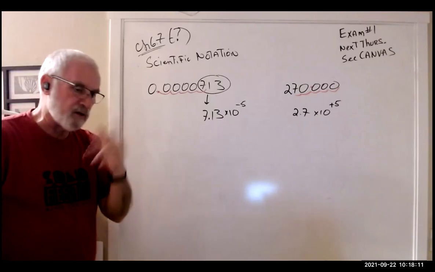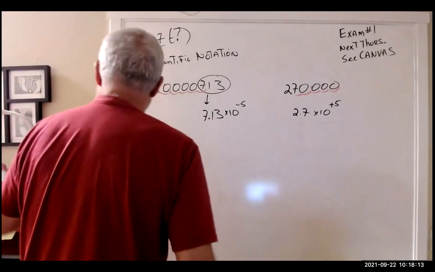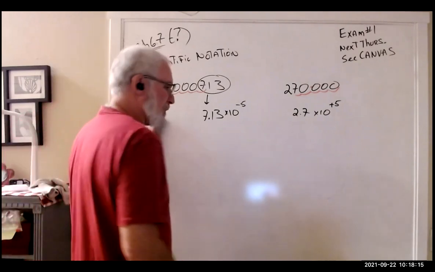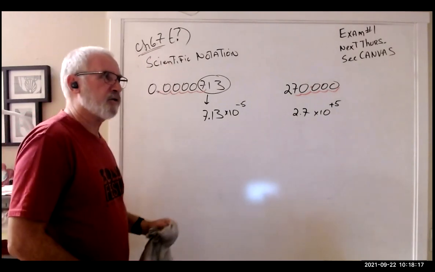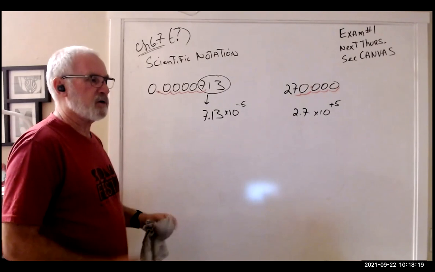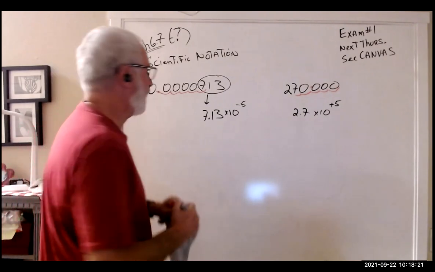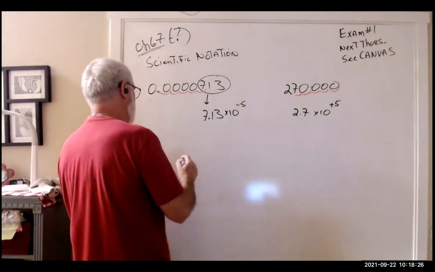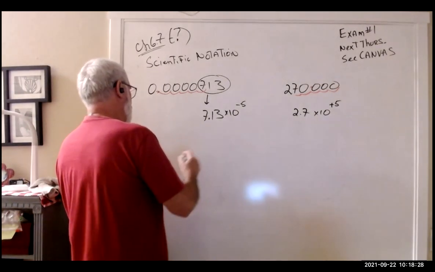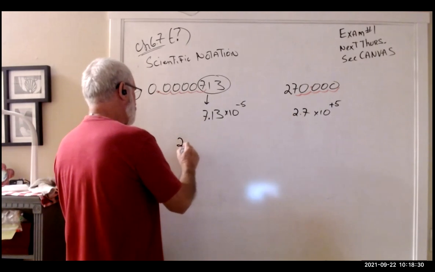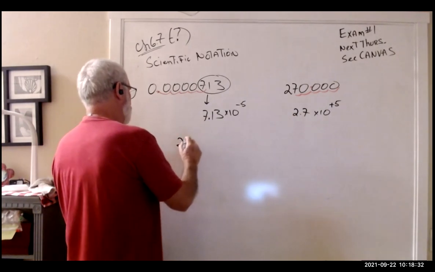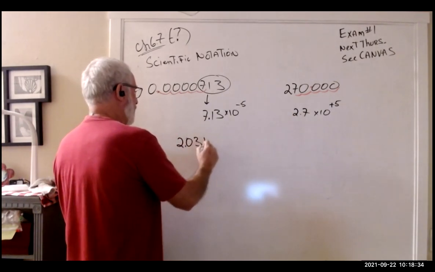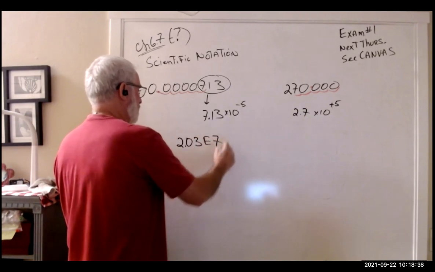Okay, let me show you the advantage of it a little bit. By the way, your calculators can actually work in scientific notation. Has anybody ever gotten this, 2.03 E7?